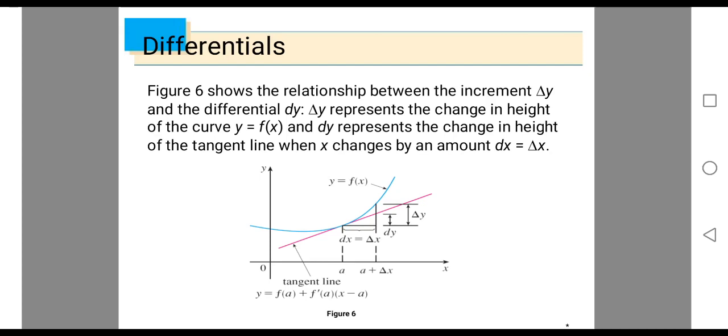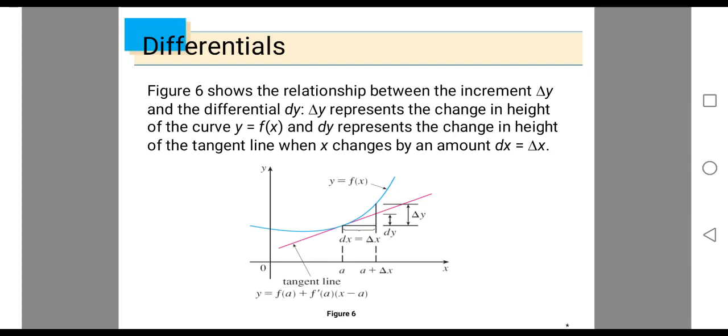So we have to be very clear about this: when we are dealing with dx or delta x, it would be subtracted from a, and when we are dealing with dy or delta y, it would be subtracted from b.